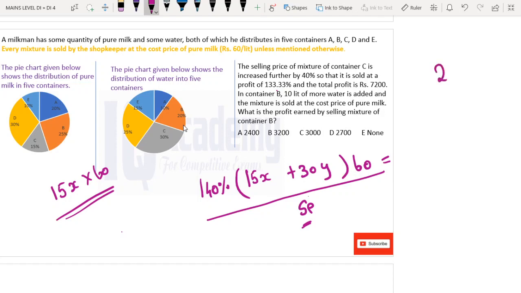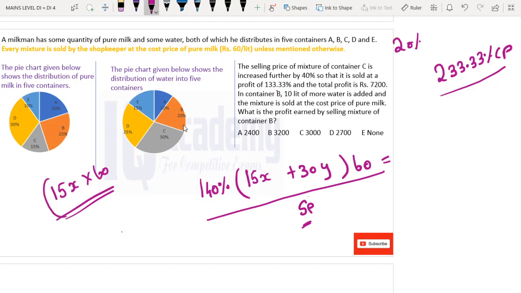Selling price will be 233.33% of cost price. Remember, if you are selling it at a profit of 20%, the selling price is 120% of CP. So at a profit of 133.33%, the selling price will be 233.33% of CP.